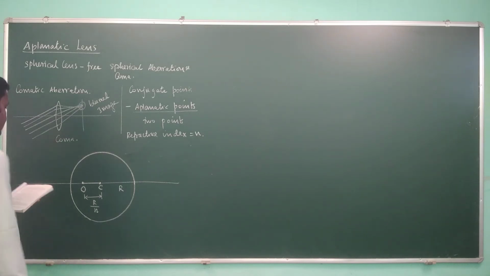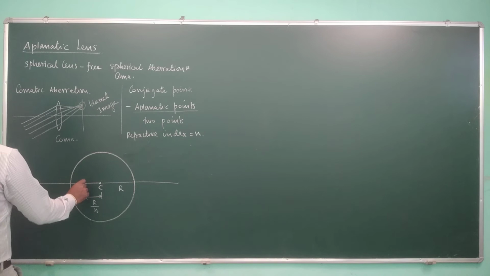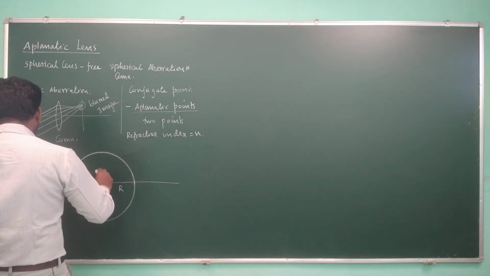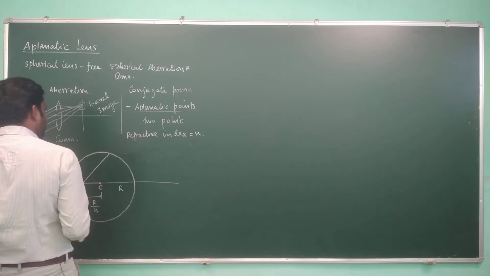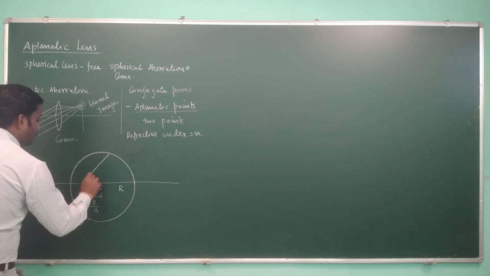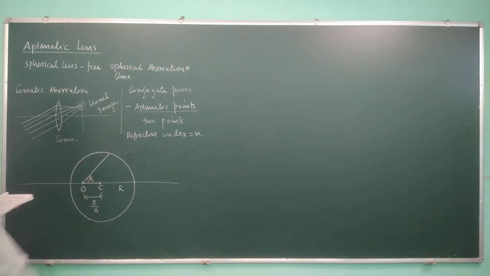The light ray from this point O touches the spherical surface at P, making an angle theta 1 with the axis.